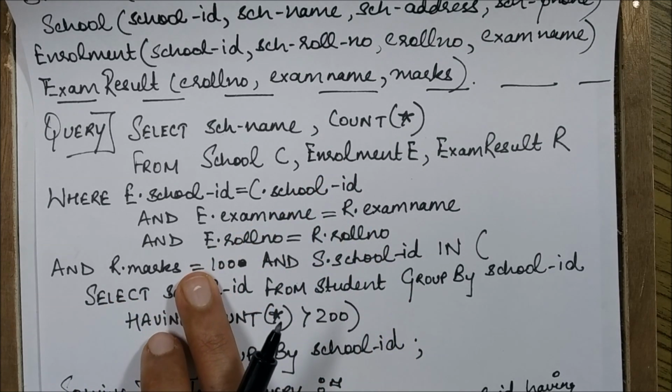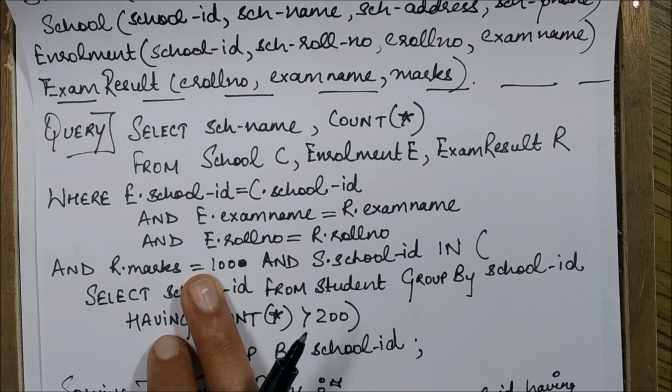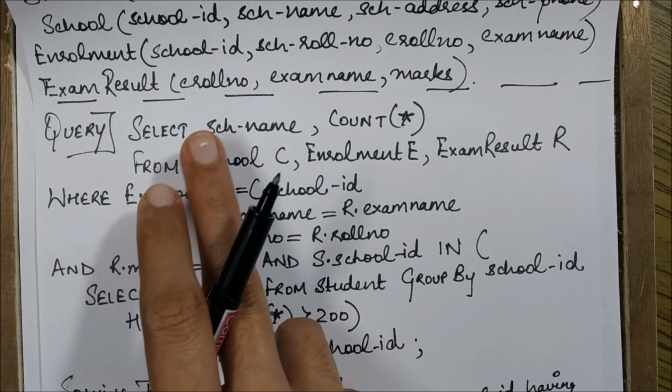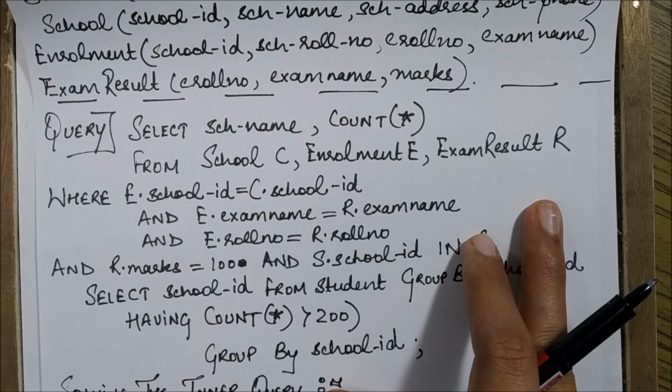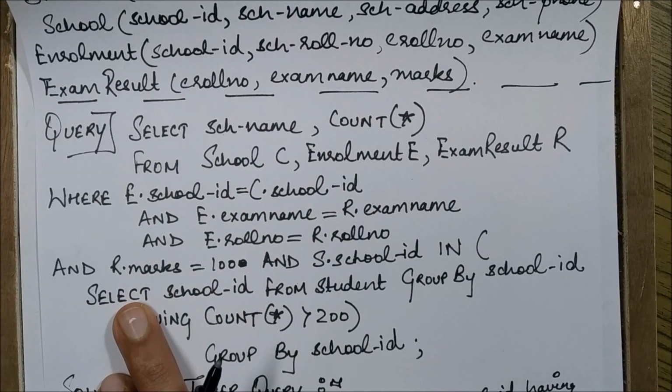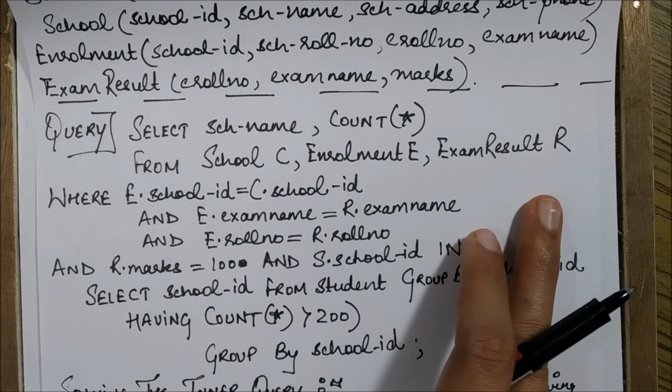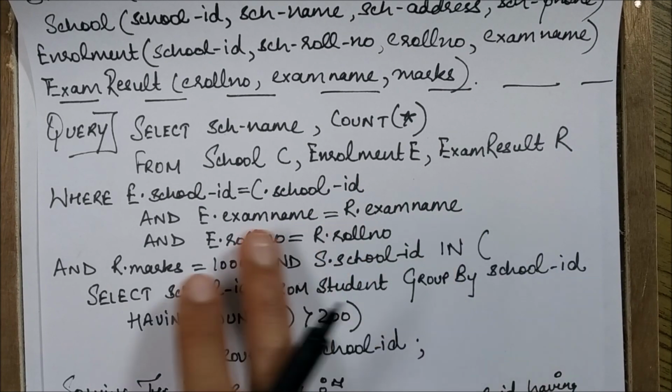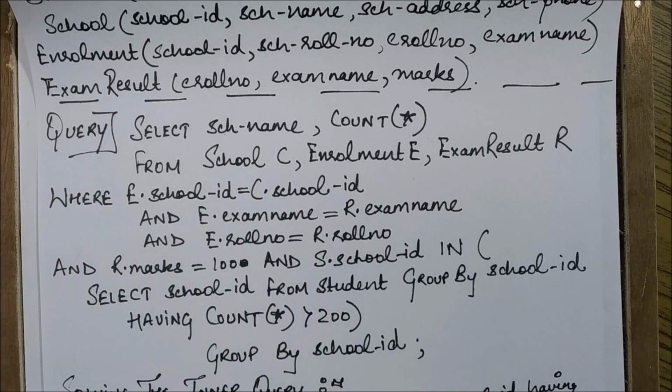So these are various conditions, if you can see. The way it is written, select this and this from this, where this is this, it basically means that it is joining all these three schemas on the basis of these conditions.